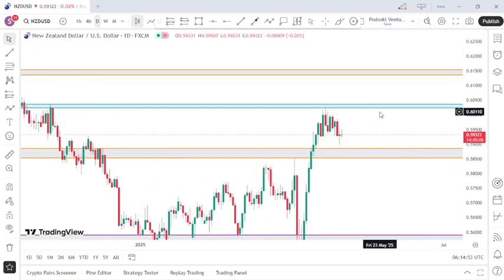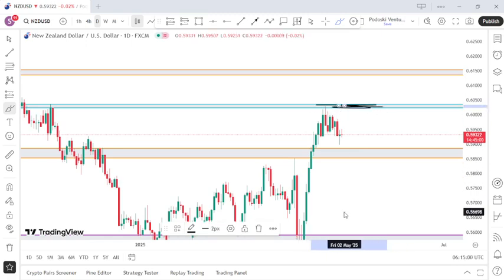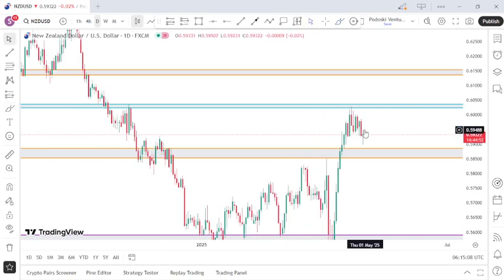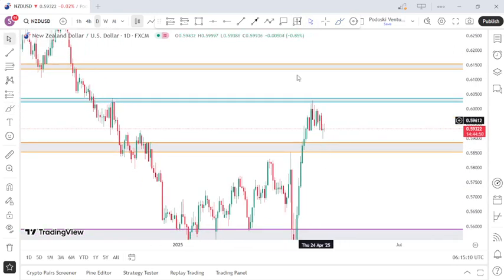So here we are on the daily, and we have a daily upper zone right here. On the daily time frame, you could see that price managed to tap into the monthly upper zone and drop.